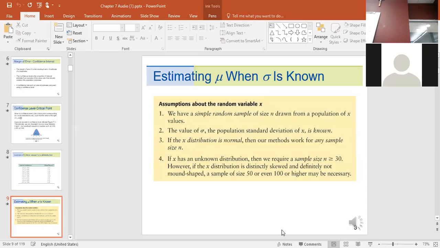Each of these is done based on the fact that the population is normally distributed or the sample size is large enough. Otherwise, we cannot do either. To use the Z distribution, which is what is most commonly accessible, you want to have sigma. If you don't have sigma, you will use the T distribution.